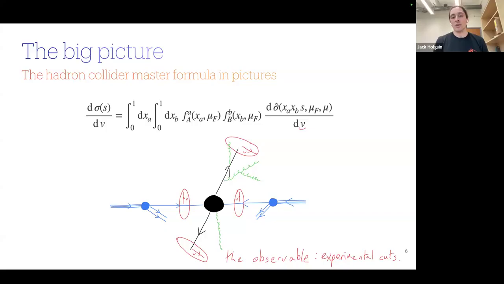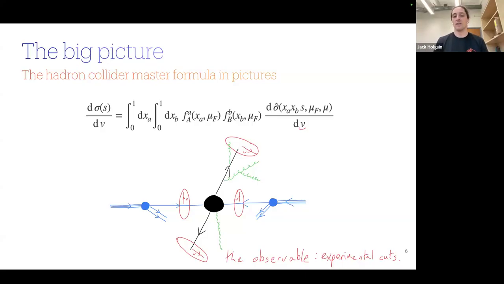And then continuing through this formula, the really important thing about it is that the claim is we can use this for any observable we're particularly interested in, with some caveats. When we do a measurement at the Large Hadron Collider, we'll have cuts on the final state we detect. We might require, for instance, that we see at least 2 jets with a given amount of transverse momentum.